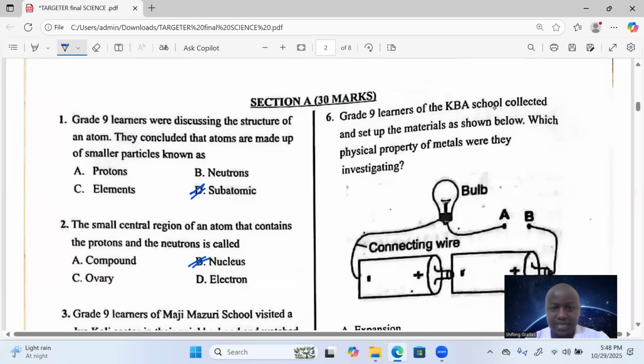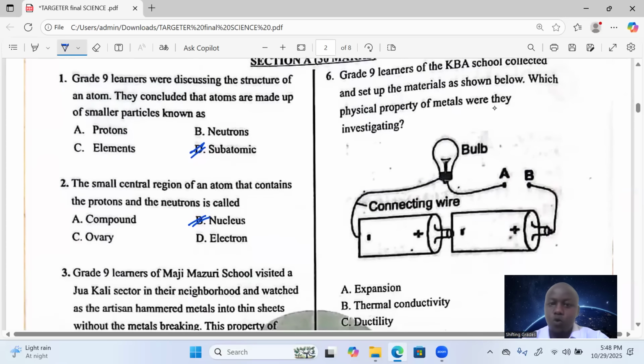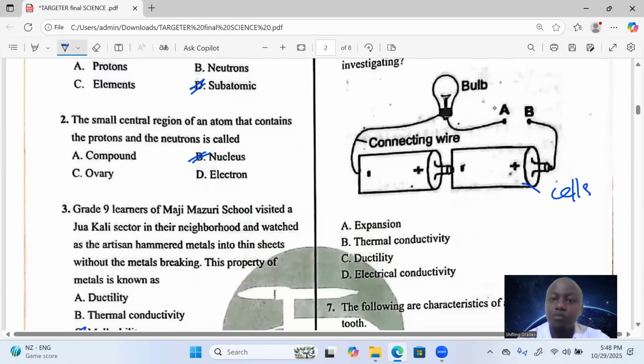Let's check number 6. Grade 9 learners of the KBA school collected and set up materials as shown below. Which physical property of metals were they investigating? We can see, according to this, we are having some dry cells. We have a bulb there. Then these are connecting wires. Now it's the connecting wires that are metallic, and we want to test something.